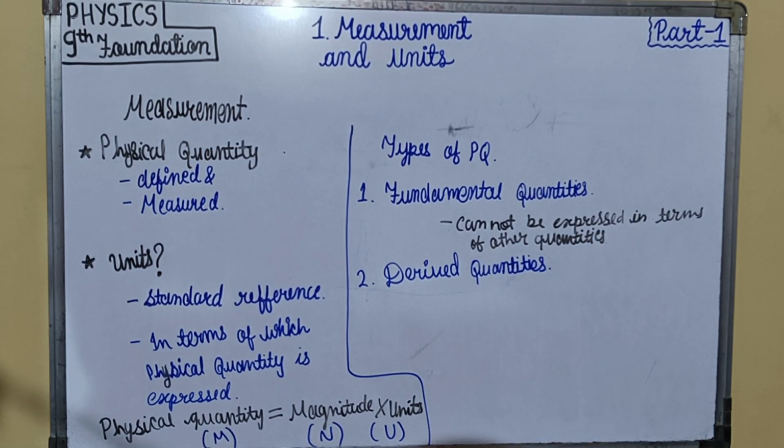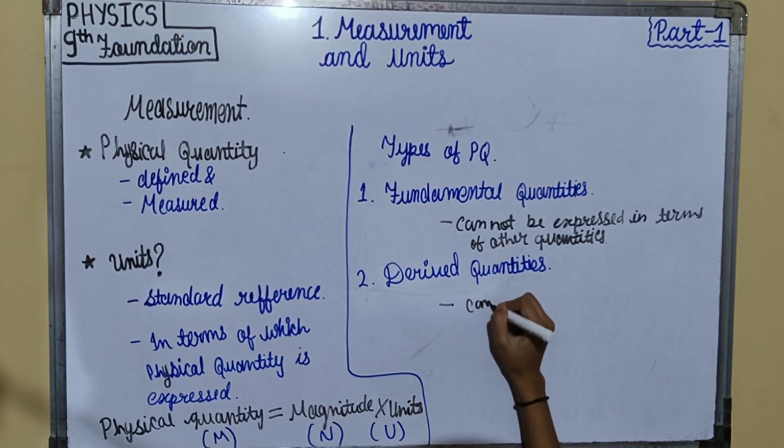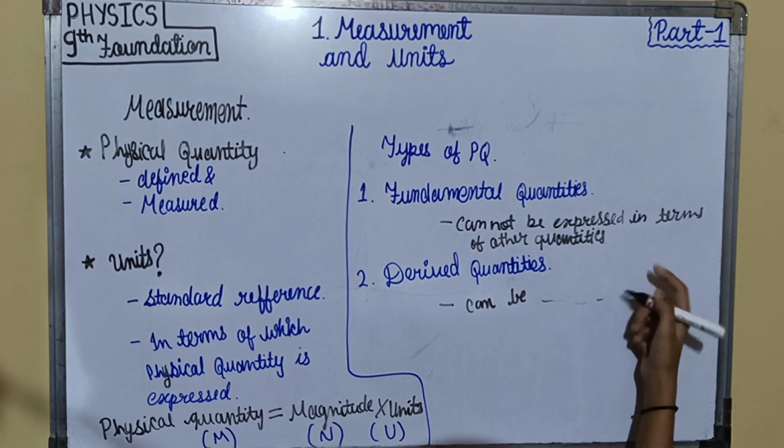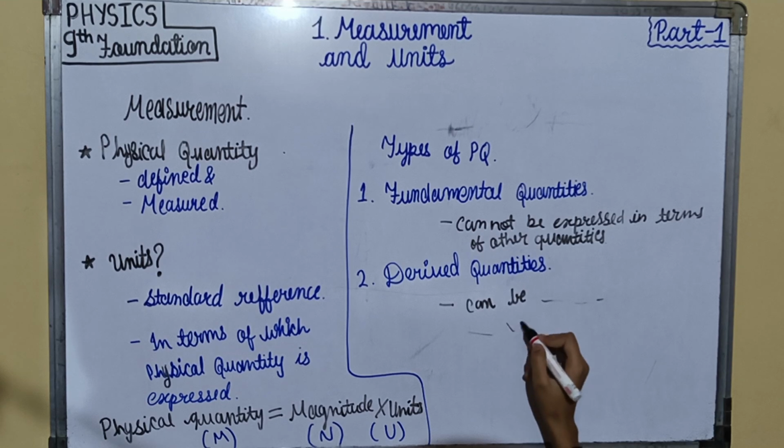Whereas derived quantities are those that can be expressed in terms of other quantities. First of all, I'll give the example of fundamental quantities and derived quantities.